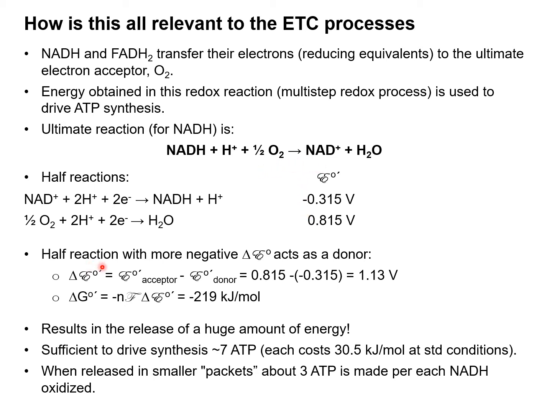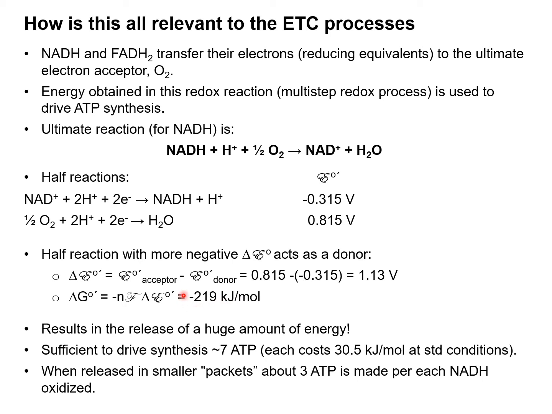So when you look at the delta G naught prime, again, this is based on the standard reduction potential difference. It's going to be the E naught prime of the acceptor minus the E naught prime of the donor. So we can plug in these numbers here to get 1.13 volts. And this value goes into this equation to get the delta G naught prime, which gives us minus 219 kilojoules per mole.